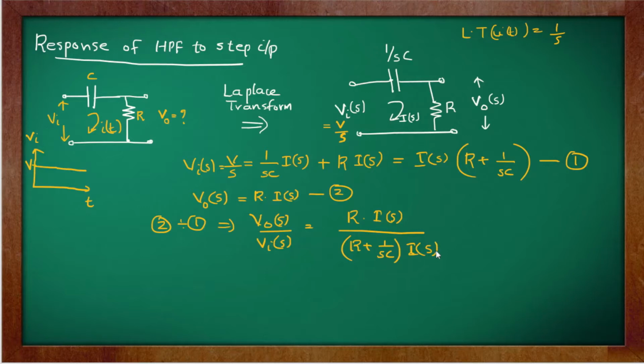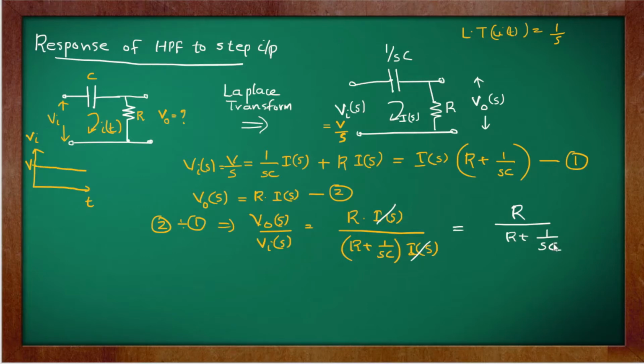Here the I of s terms in the numerator and denominator will cancel. So this can be written as R divided by R plus 1 by SC.